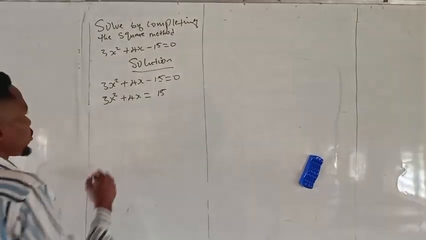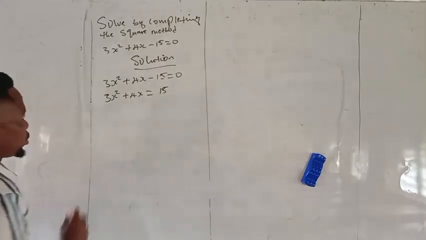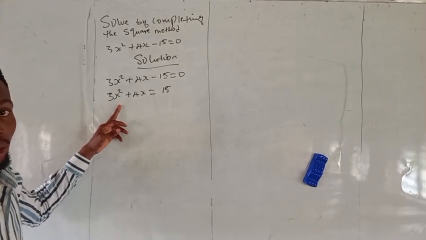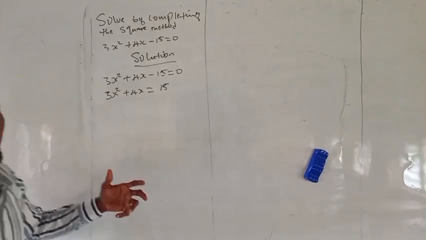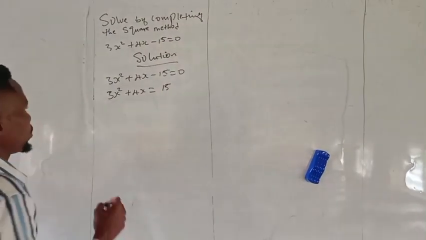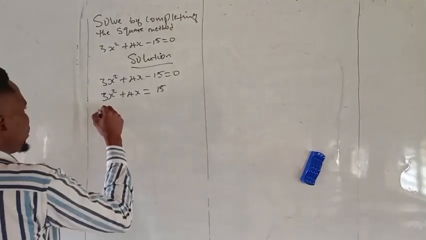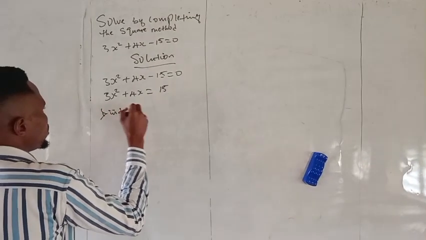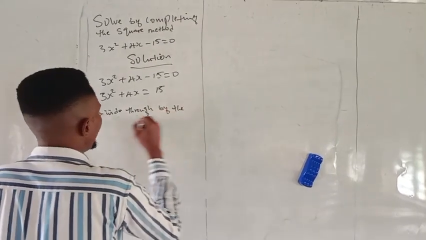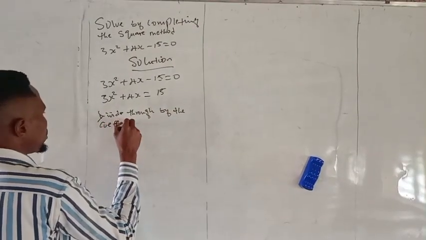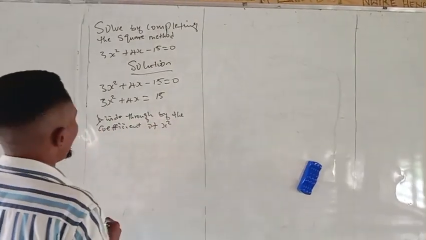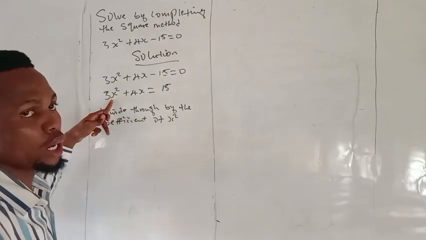Alright? So now the next step we want to do is to make x squared unity, and by doing that, we want x squared to stand alone. So we divide through by the coefficient of x squared, and that will make x squared unity.